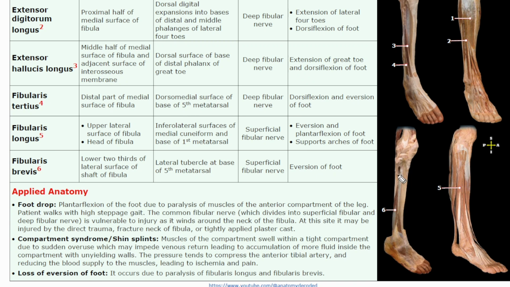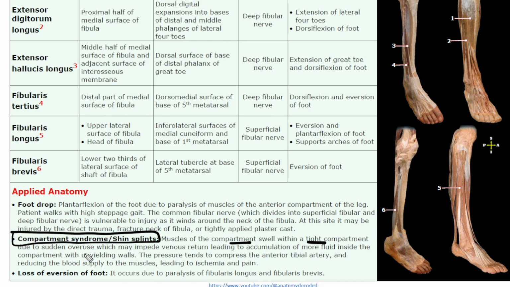Then there is a condition called compartment syndrome, also referred to as shin splints. What is this? The muscles of the anterior compartment of the leg lie in a very tight compartment. The deep fascia which covers these muscles is quite stretched out and there is very little space available in the compartment.